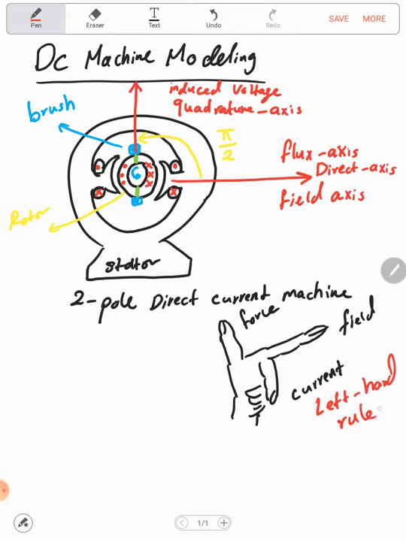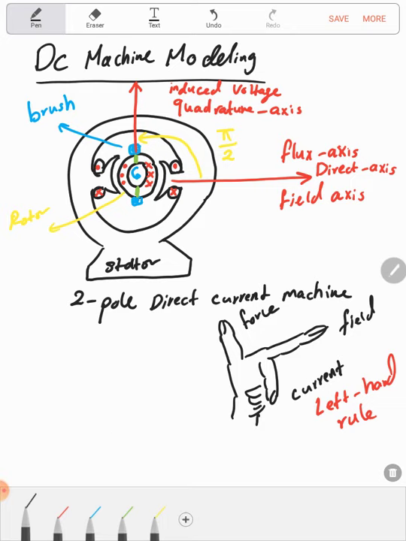So now let's discuss why we need the brushes and the commutator. So simply, in general, if I have a simple coil, let's assume that I have a one-turn coil.